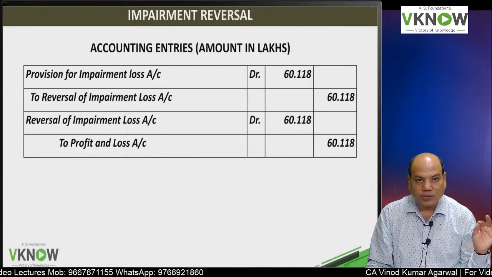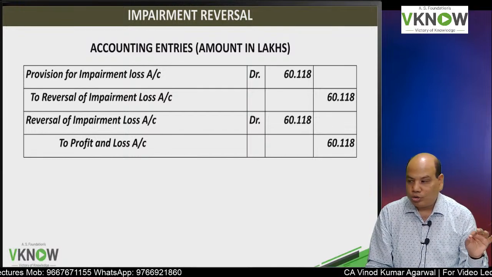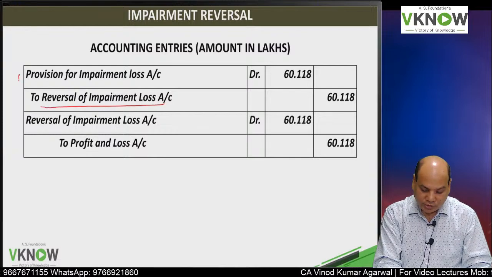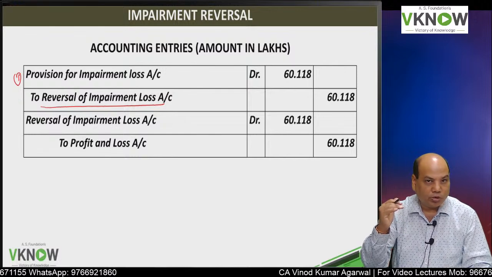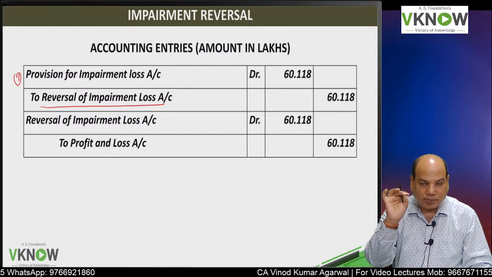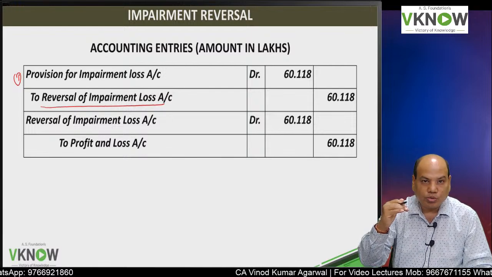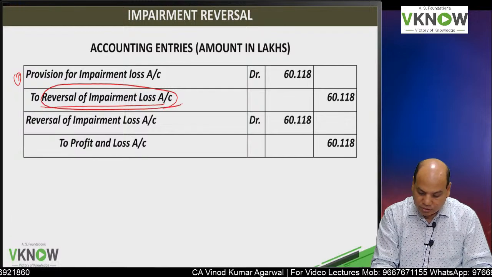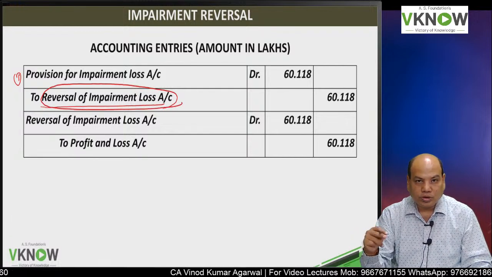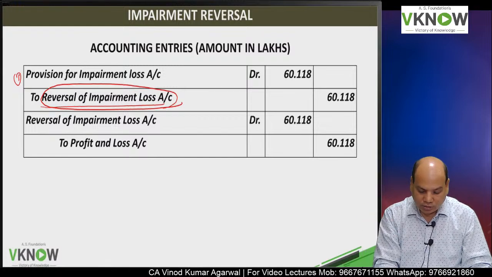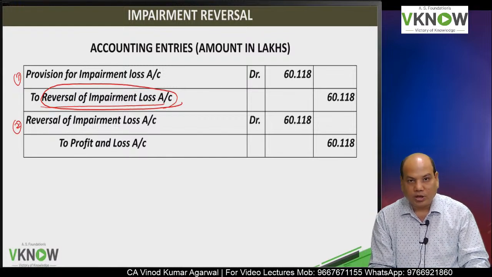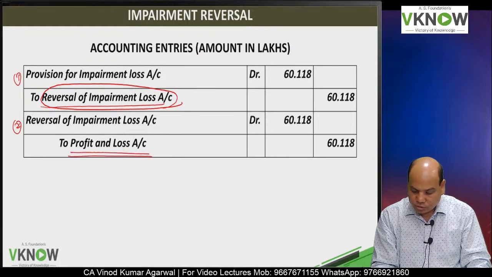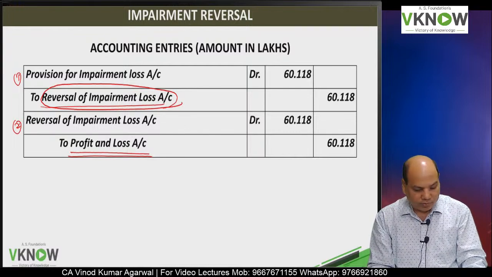It will become provision for impairment loss account debit to reversal of impairment loss 60.118, so that in the balance sheet when you present the asset, the provision for impairment loss will be reduced by 60.118, and this amount will be credited to P&L account. Reversal of impairment loss account debit to profit and loss account, being reversal of impairment loss.